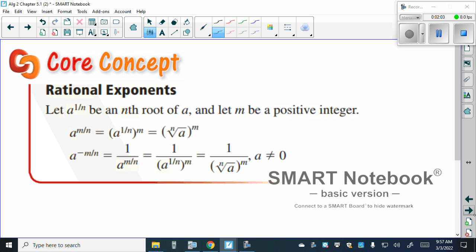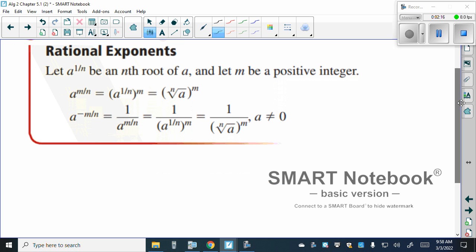Then we can say that a to the m over n is equal to a to the 1 over n times m, or the nth root of a to the m power. And our other property, a to the negative m over n, is really just utilizing our properties with negative exponents. So we would just move it to the denominator and do the exact same process.